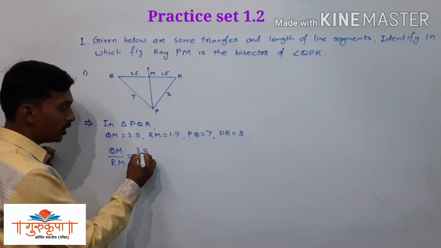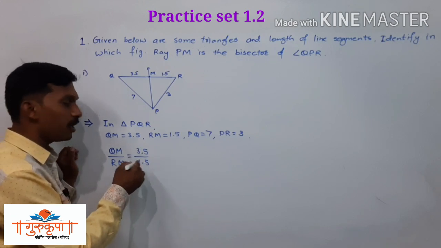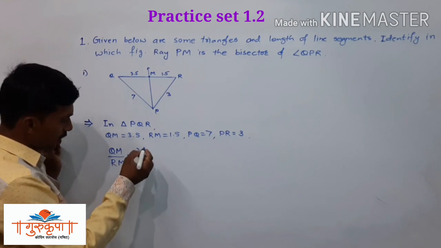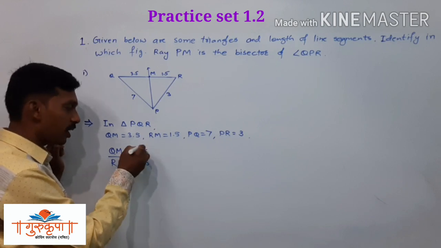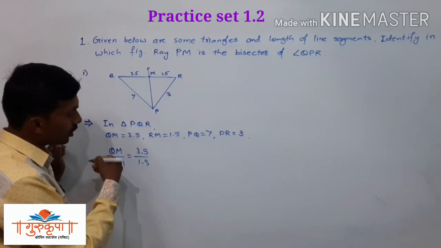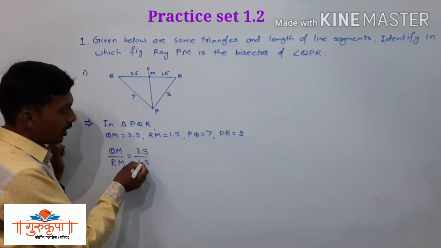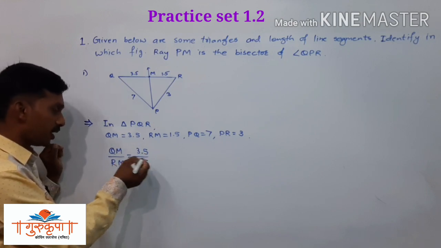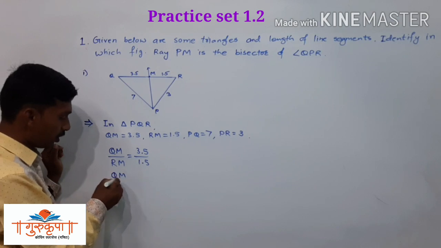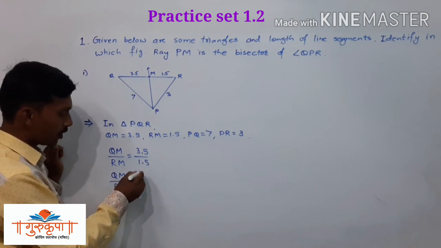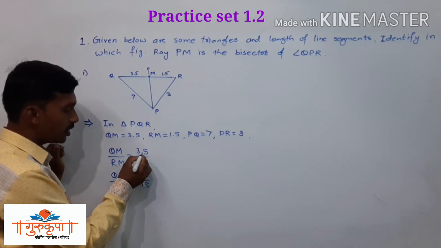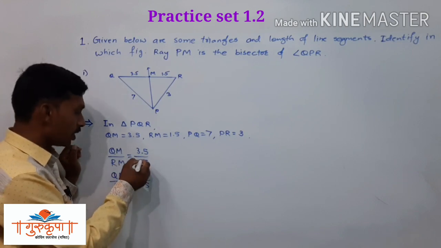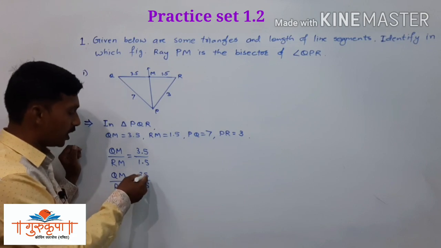Since the decimal point is after one digit in the numerator and denominator both, you can remove the decimal point and directly write it as QM upon RM equals 35 upon 15.